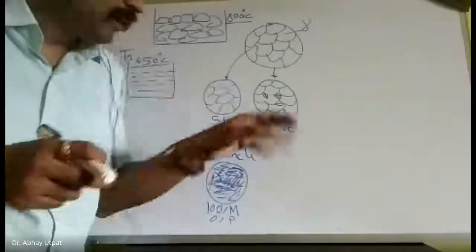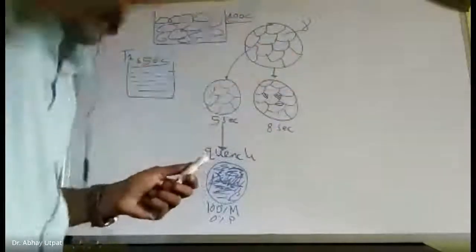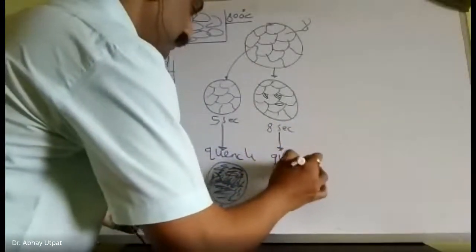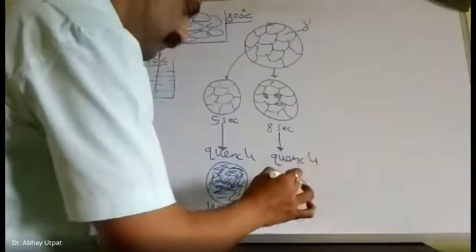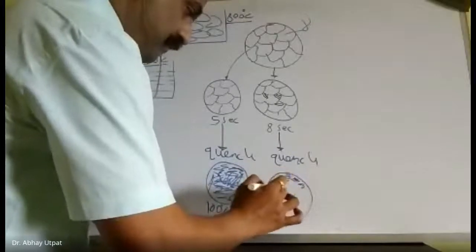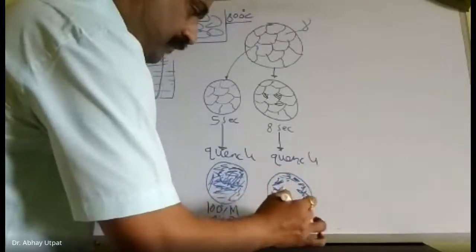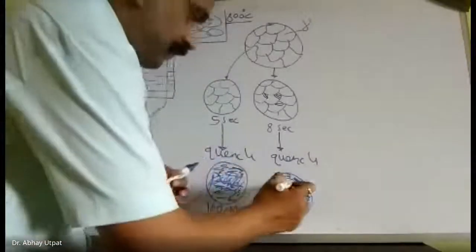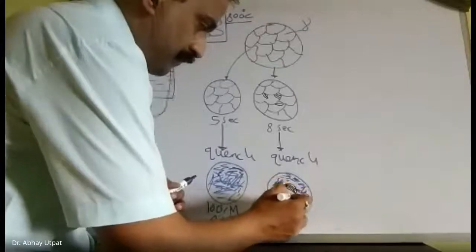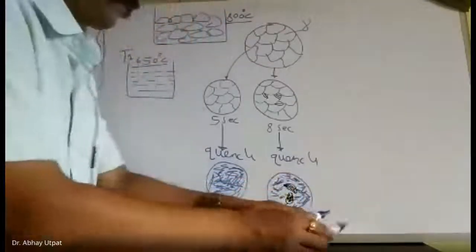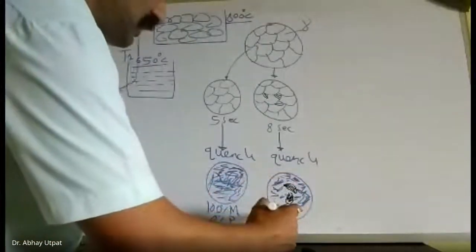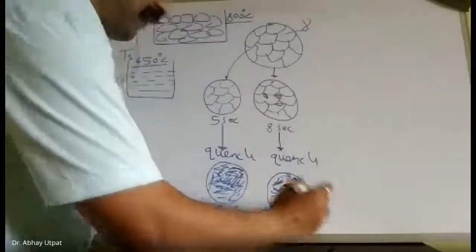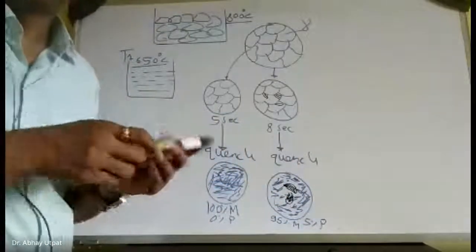of BCC plus orthorhombic. But this has just started, and I did not give it time. I took the sample and dropped it in water. Now what is this? 95% martensite and 5% pearlite. I hope you understood now.